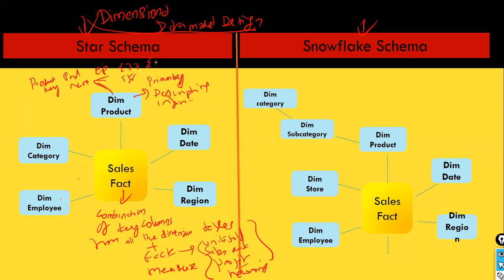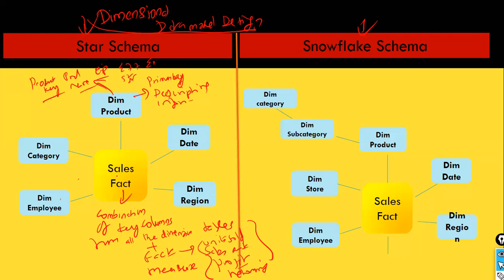Likewise, all the product related information gets stored here. The price will vary for the same product in different time periods, so they maintain effective start and end dates here.